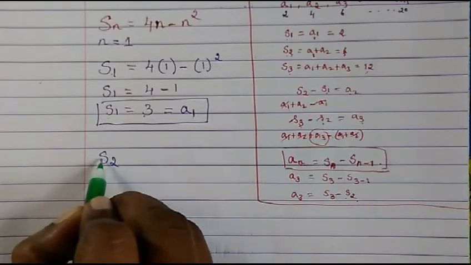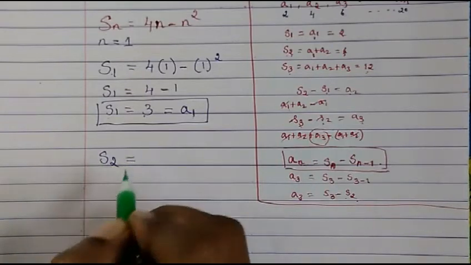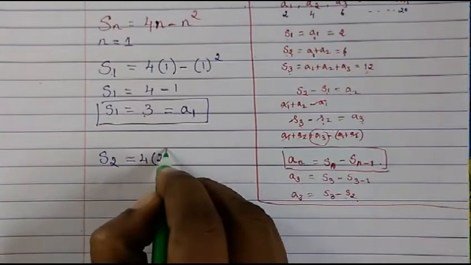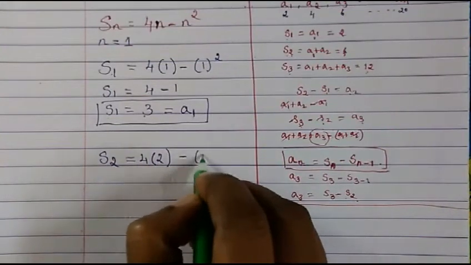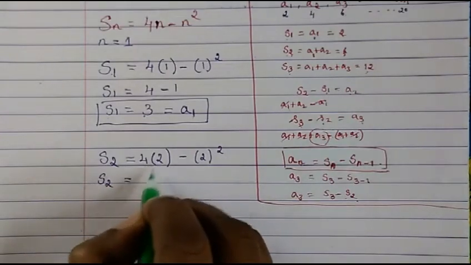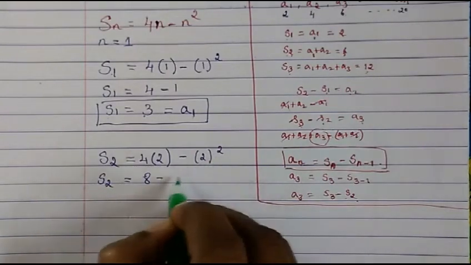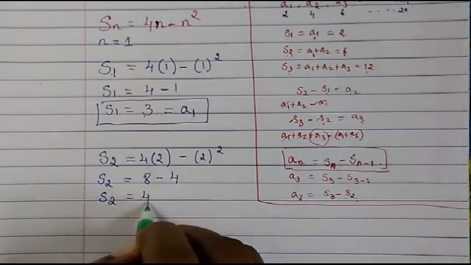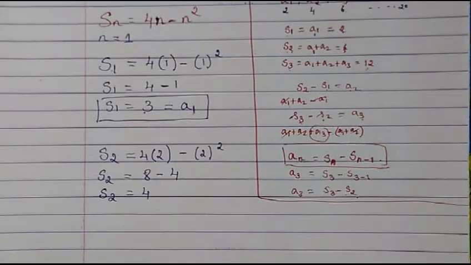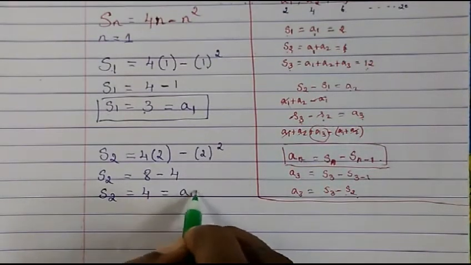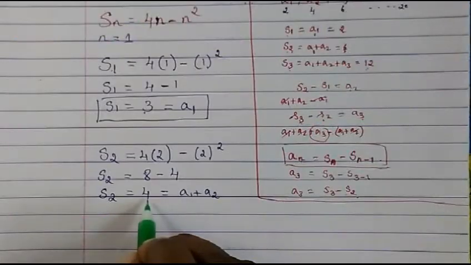In the place of n, as we did here, we put 2: 4 twos are 8, minus 2 square, 2 twos are 4. So S2 will be 8 minus 4, which gives me 4. And S2 also is the sum of two terms, that means A1 plus A2 is equal to 4.